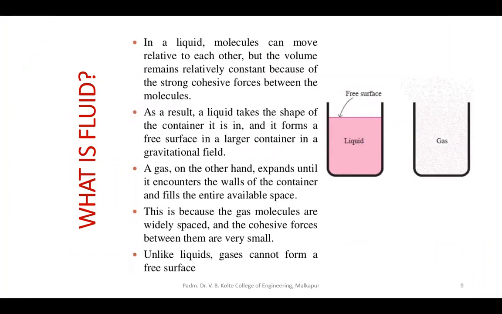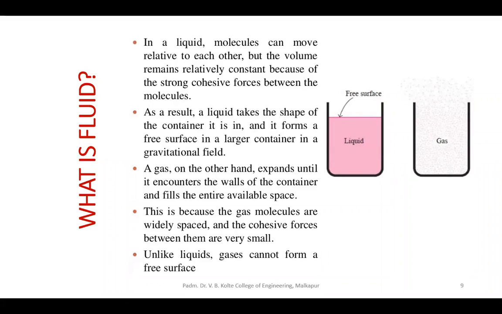Now see, what is the basic difference between liquid and gas? So in liquid, see, there are two containers. First container consists of liquid and second container consists of gas. Okay, so in liquid, molecules can move relative to each other, but the volume remains relatively constant because of strong cohesive force between the molecules.